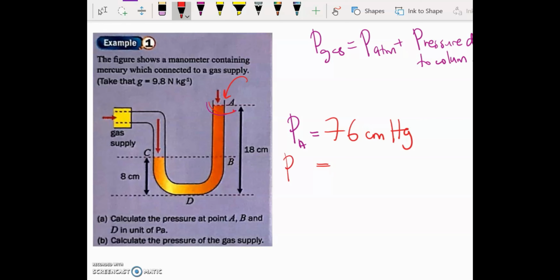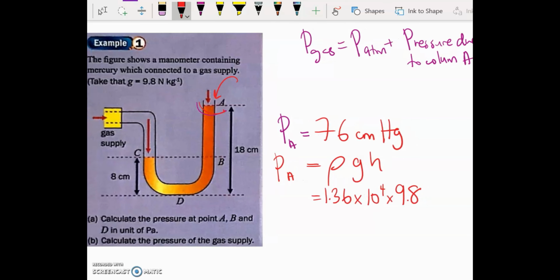The question wants the unit in Pascal, so you have to convert to Pascal. To convert, you need to use the formula rho g h. Rho is the density of liquid, g is the gravitational acceleration, and h is the height. The density of mercury is 1.36 times 10 to the power of 4. Gravitational acceleration is 9.8.